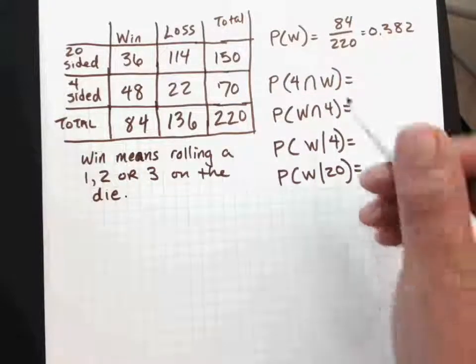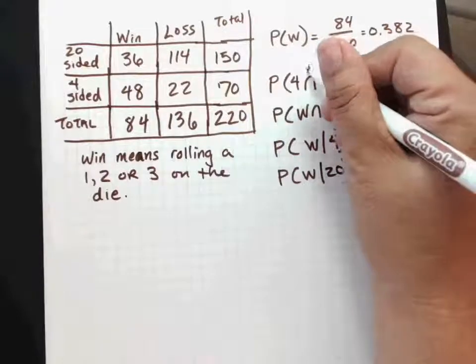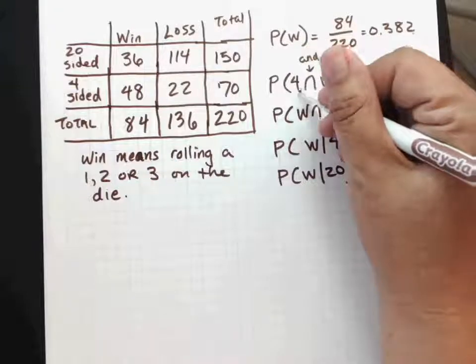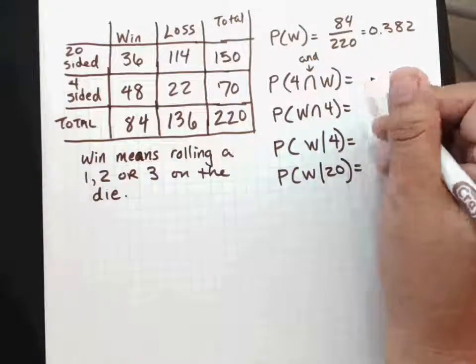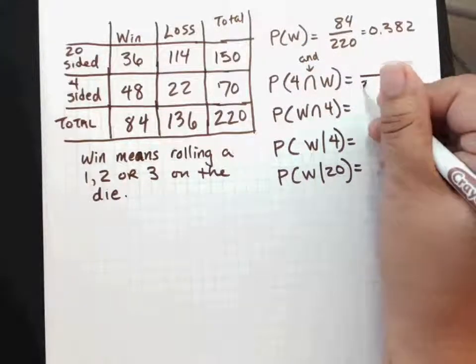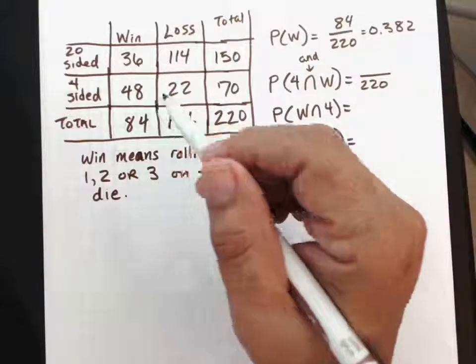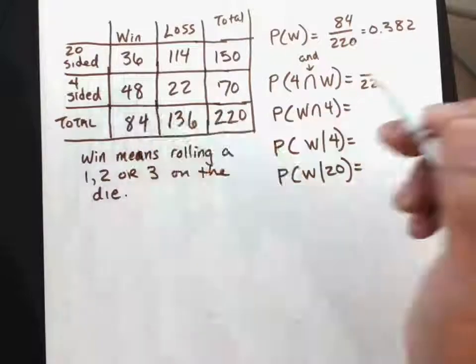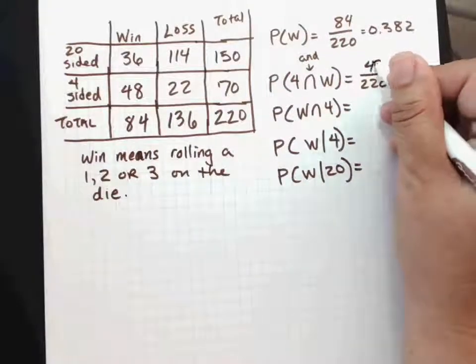Now, what's the probability of rolling a 4-sided die and winning? This is the and symbol, in case you forgot. Well, that's a fraction of the total, 220. And how many of them are wins from 4-sided die? They're 48.